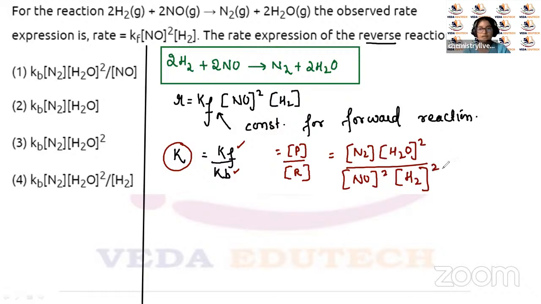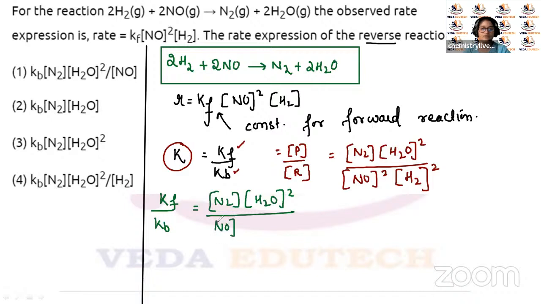This is what we are talking about in this part. Now, if I just segregate it a little bit, I can write Kf by Kb is that much. How much? N2 into H2O whole square divided by NO whole square H2 whole square.